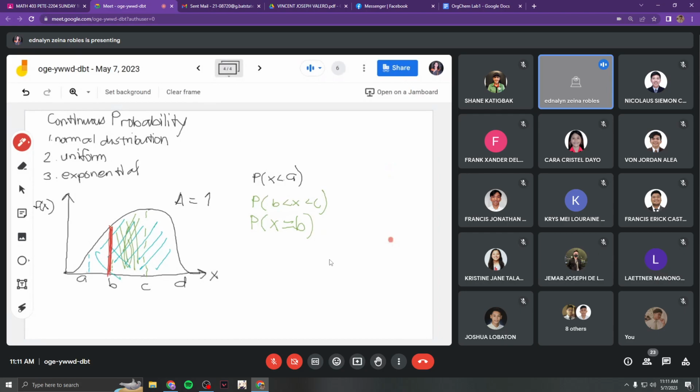What is the probability if x is equal to b? And we said, we can find the probability using the area of that region or using the area of that range. But what is the area, sorry, what is the probability if I want to get the probability of B only? So, can someone tell me what is the probability of B? This red part.